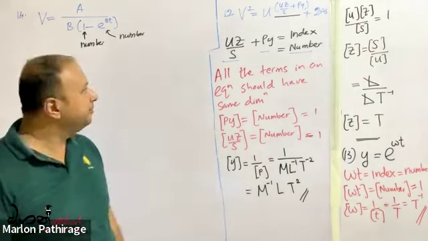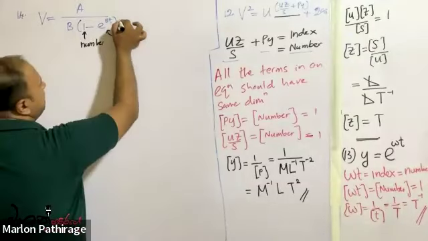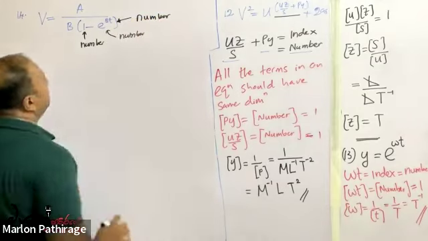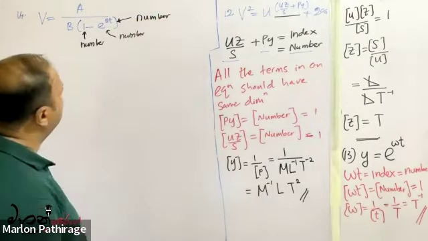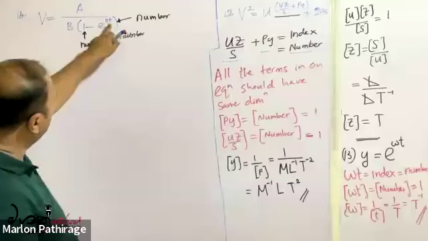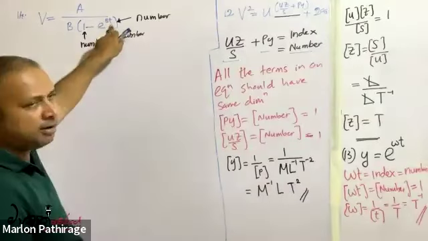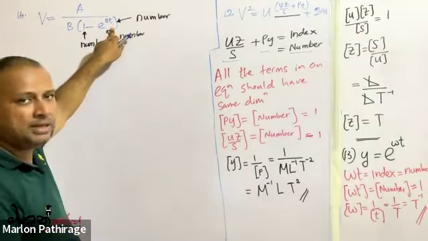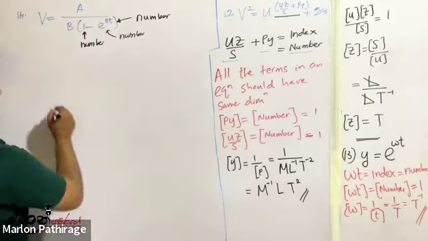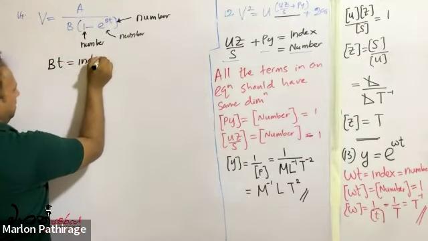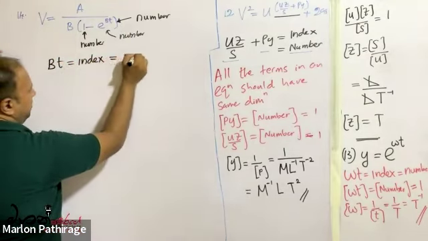You have to understand that thing. Therefore, this entire term should be a number. That is number 1. Then, in e to the power bt, bt is the index, and index means that is a number.